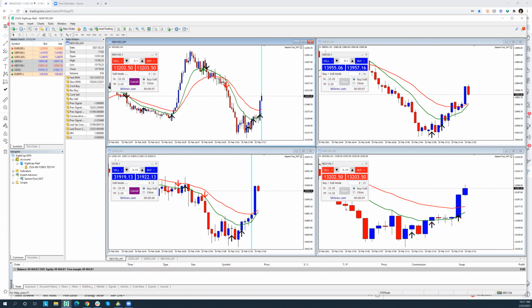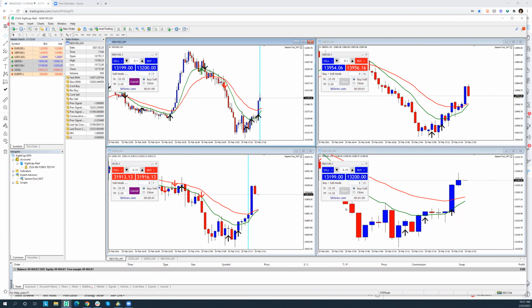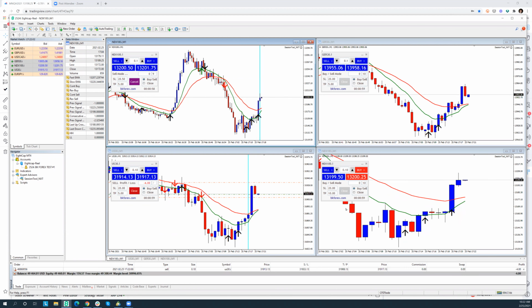So Dow actually is failing a little bit. NAS is still holding up. So let's see what the Dow does for us. Okay, so now I'm short Dow, and let's see if my vision works today.